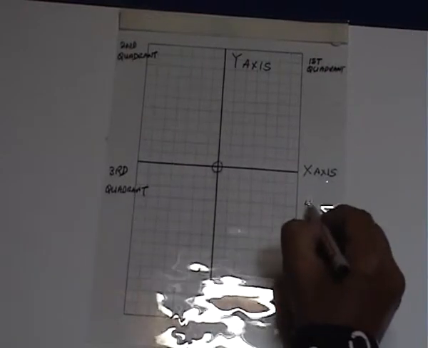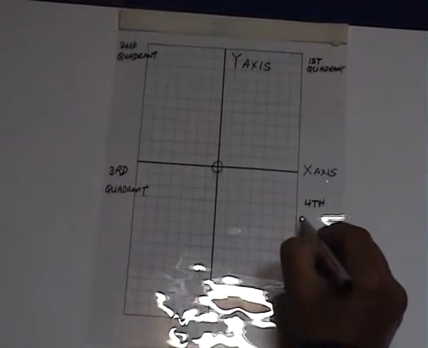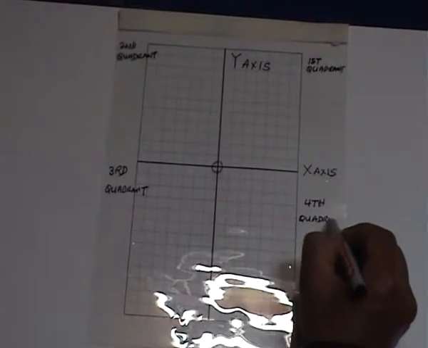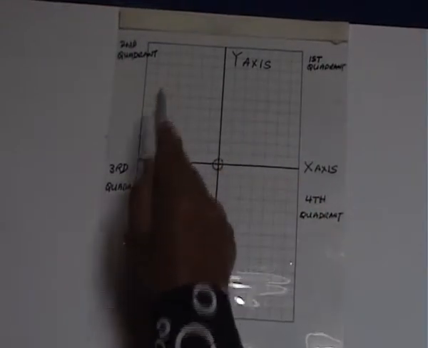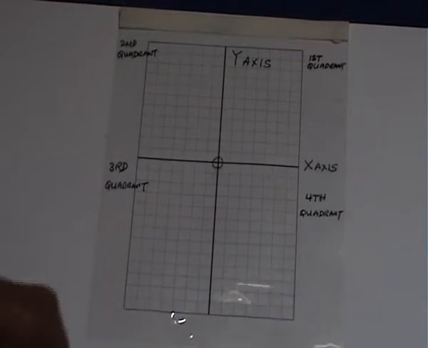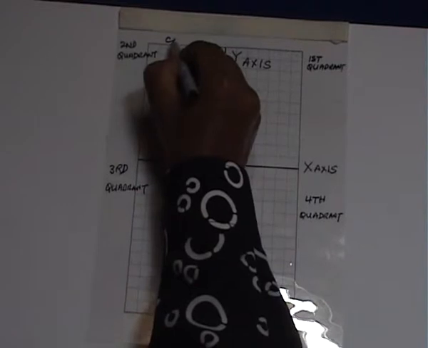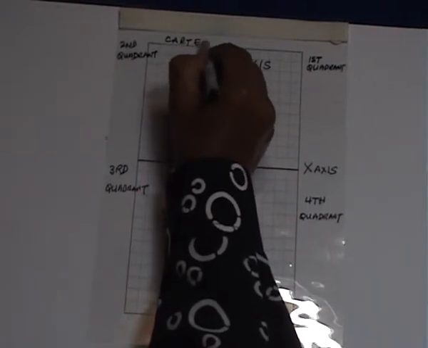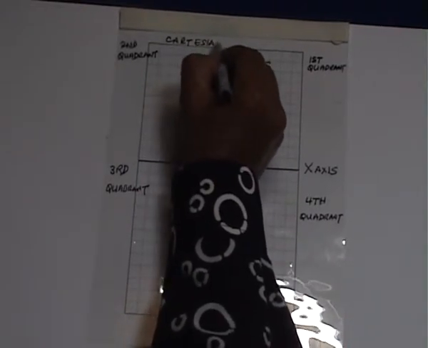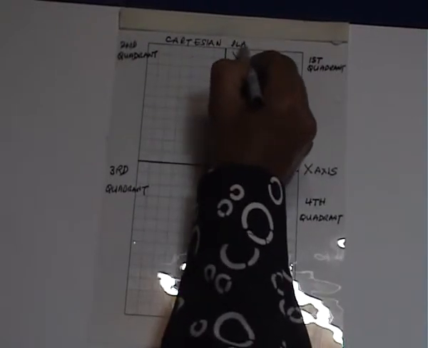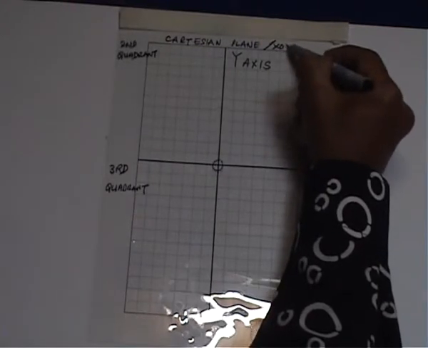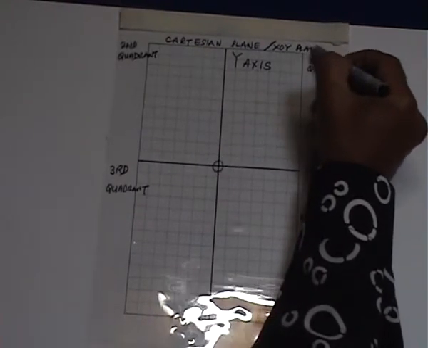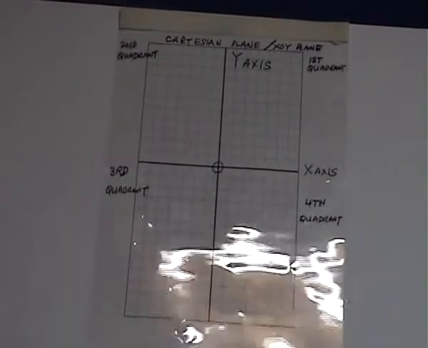And this is your fourth quadrant. Your first quadrant, second quadrant, third quadrant, fourth quadrant. Right. And this whole thing obviously is called a Cartesian plane. Or I can call it an XOY plane.